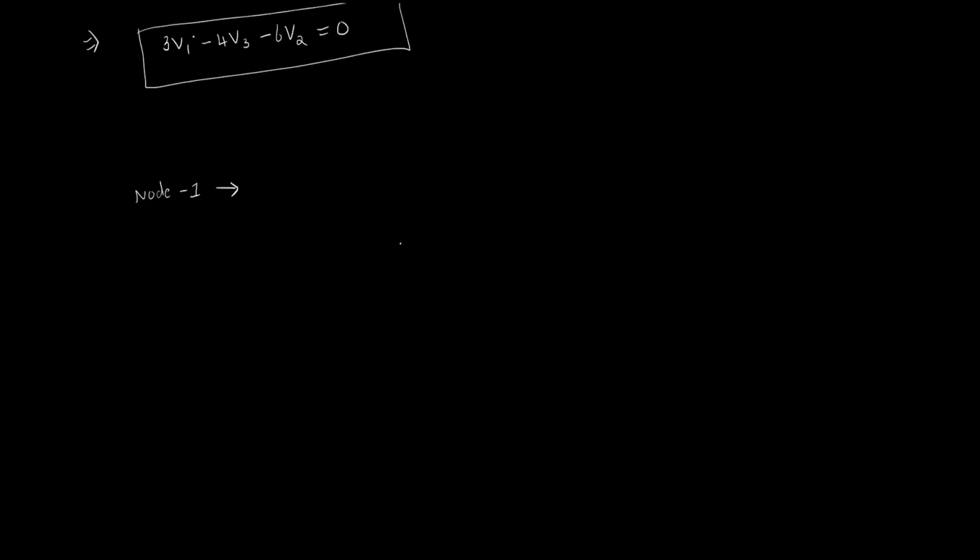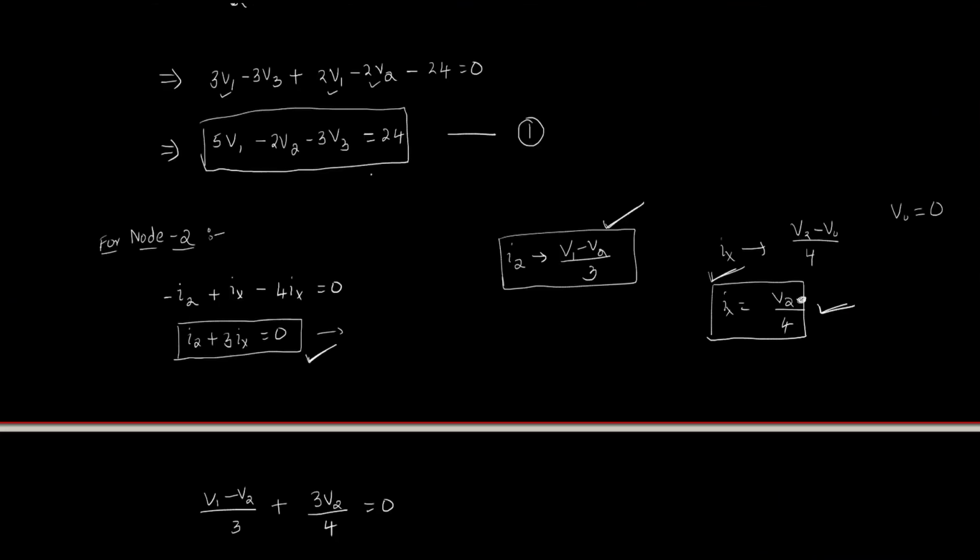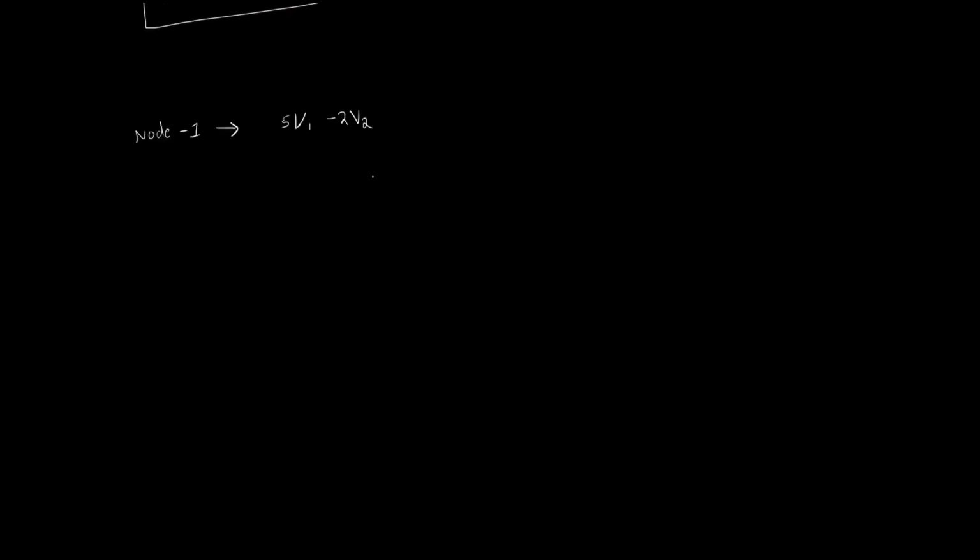So let us write it down: 5V1 minus 2V2 and minus 3V3 is 24.